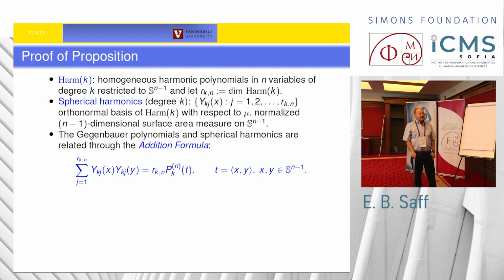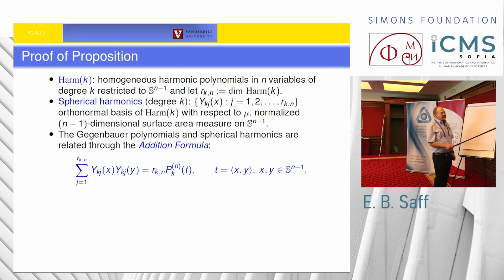And so these are orthogonal polynomials. Each polynomial is of degree k in these n variables, and they're orthogonal with respect to n-1 dimensional surface area. And these polynomials that are harmonic of degree k are orthogonal to those which are harmonic and of degree j not equal to k as well. So okay, we have that property.